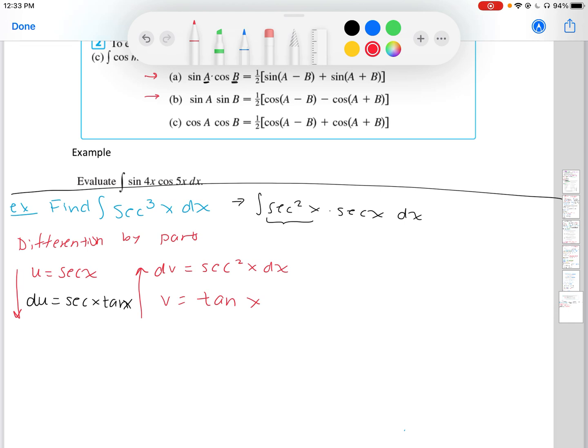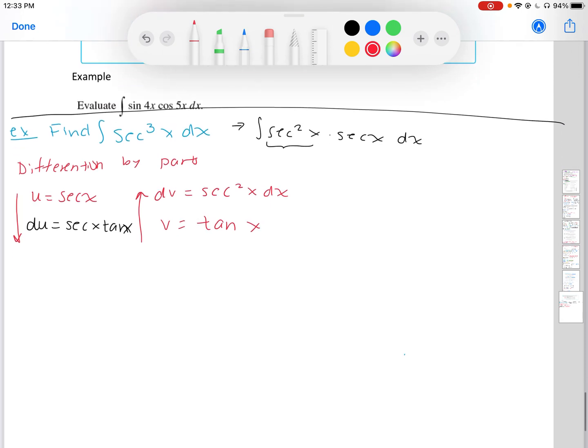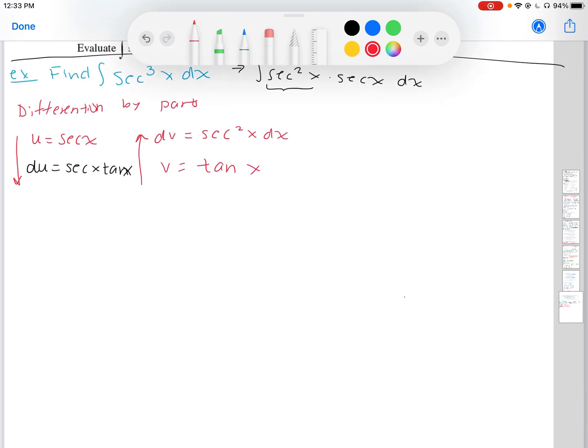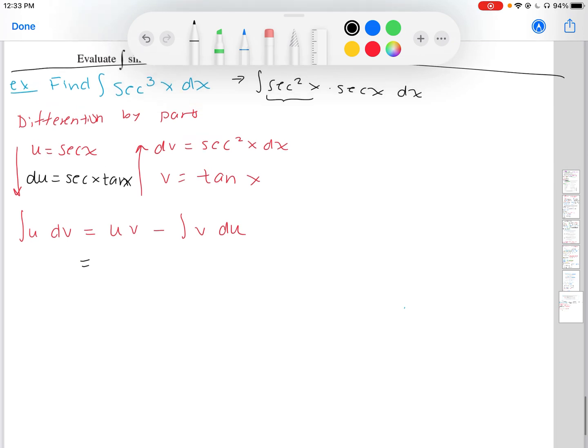Now we can go ahead and integrate by parts. So let's write down the formula. Our formula is the integral of u dv is u times v minus the integral of v du. Let's make that replacement. So our u is secant of x.